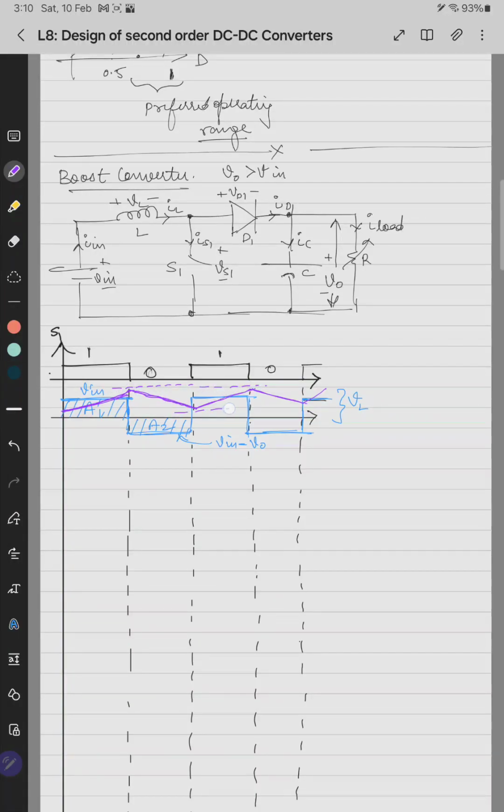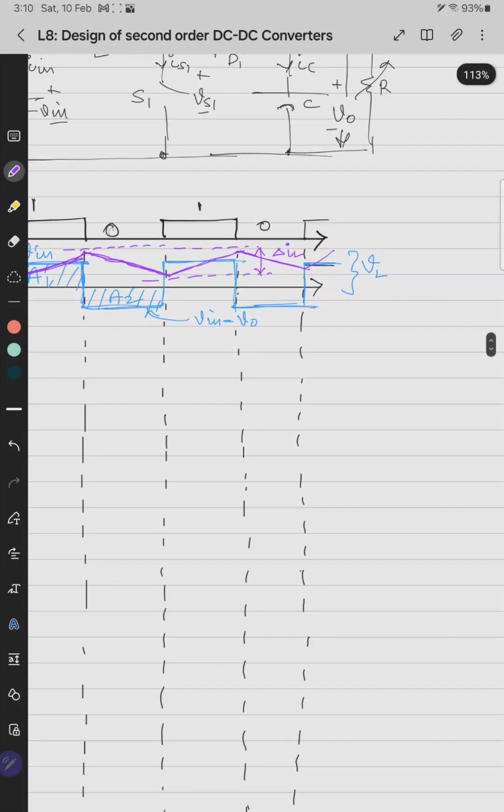So this is called delta IL. This is IL min.